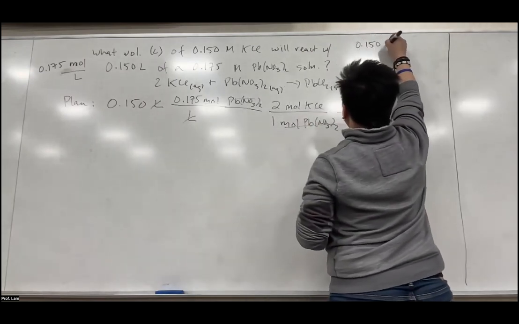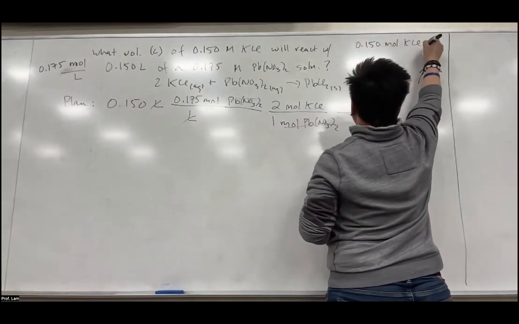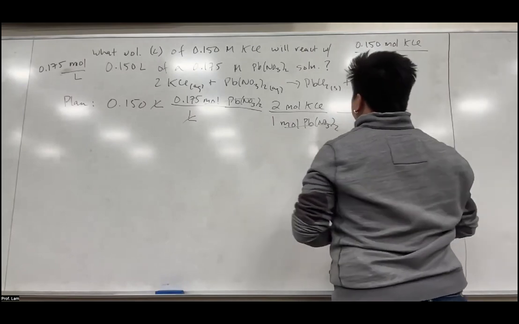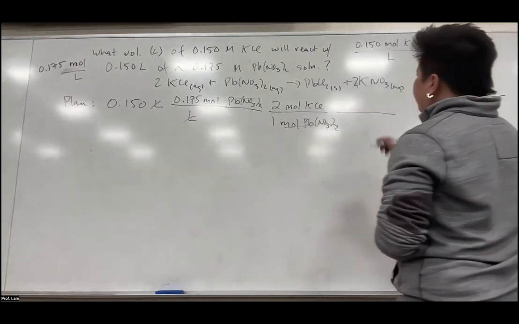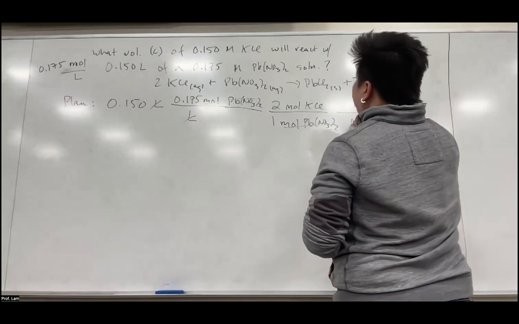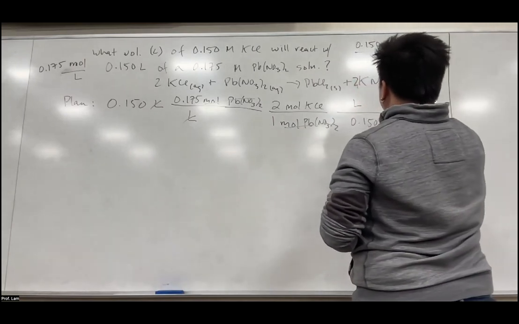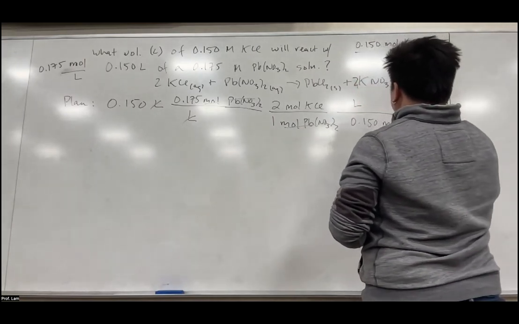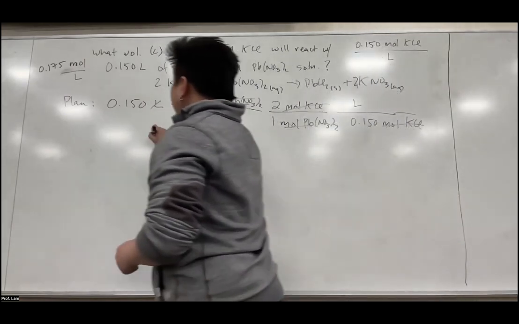Rewrite the molarity as moles of KCl over liter. And now what goes on top? The liter is going to go on top. 0.150 moles of KCl will go on bottom. Okay.